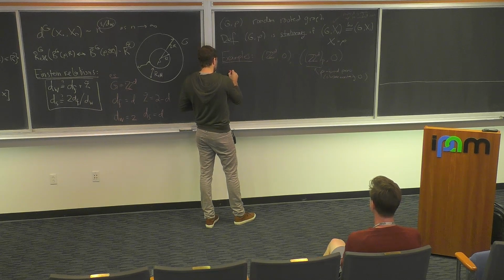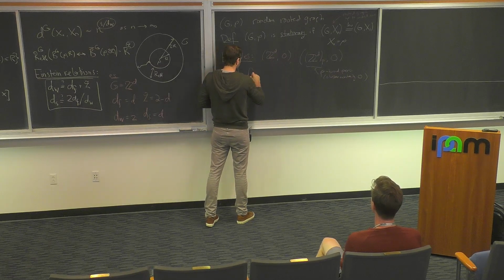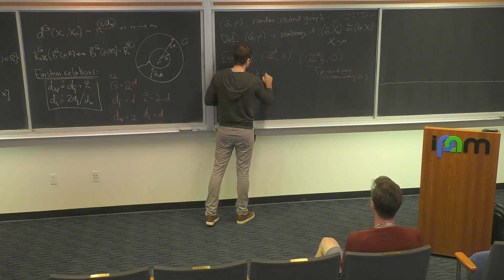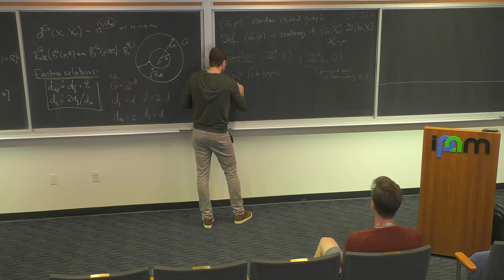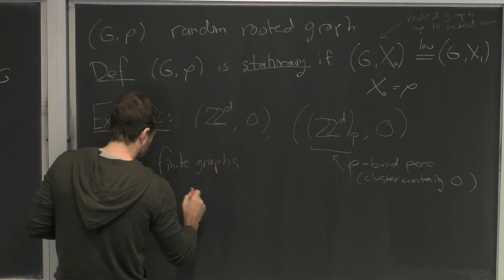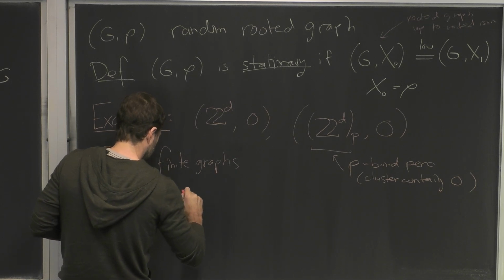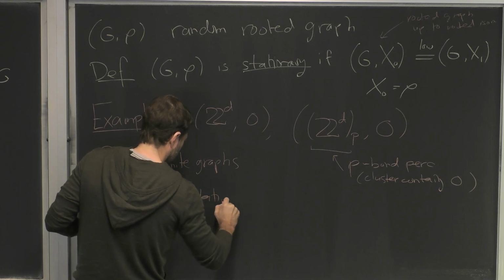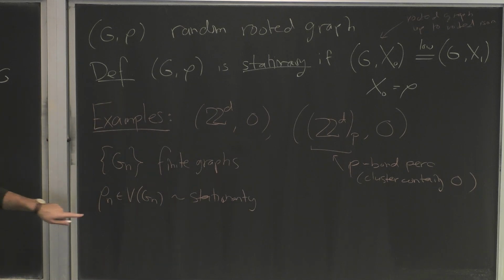Here's another way that you can get them. Take G sub n to be a family of finite graphs, and then take rho sub n to be a random vertex in a finite graph, chosen from the stationary measure.